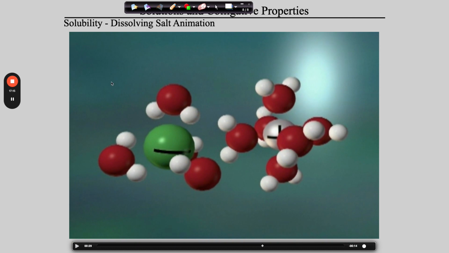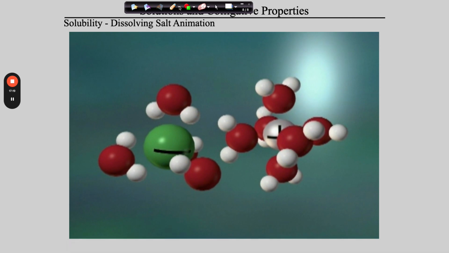Now guys, if you're paying close attention, you may notice the way these things organize themselves. So remember when we talked about the idea of intermolecular forces, and we talked about polarities, and here we have the polarities of these water molecules. Notice that these are all the positive ends, and those are attracted to the negative chloride ions.